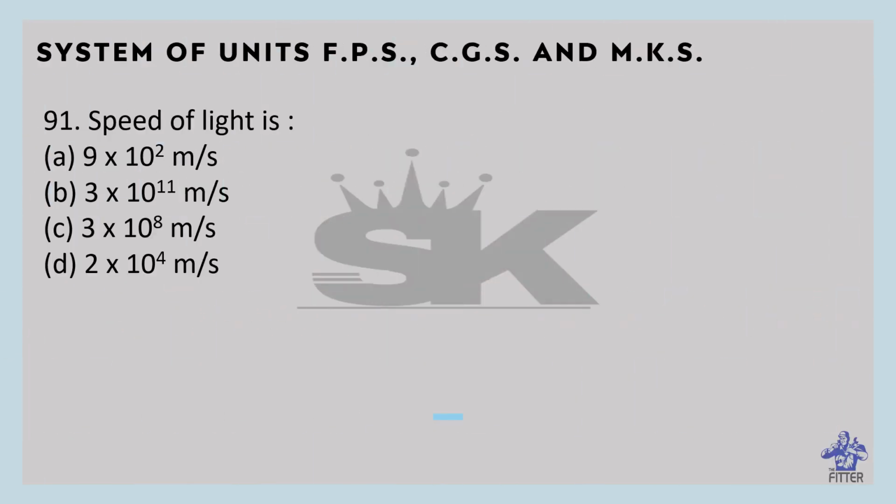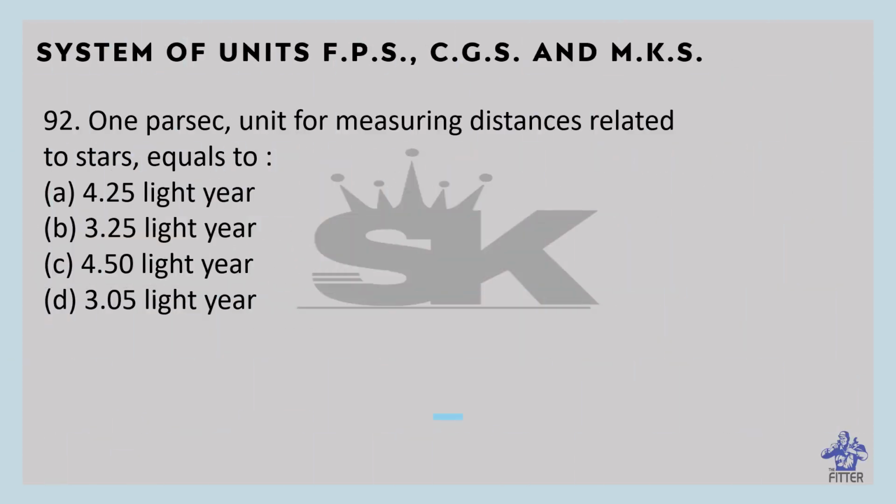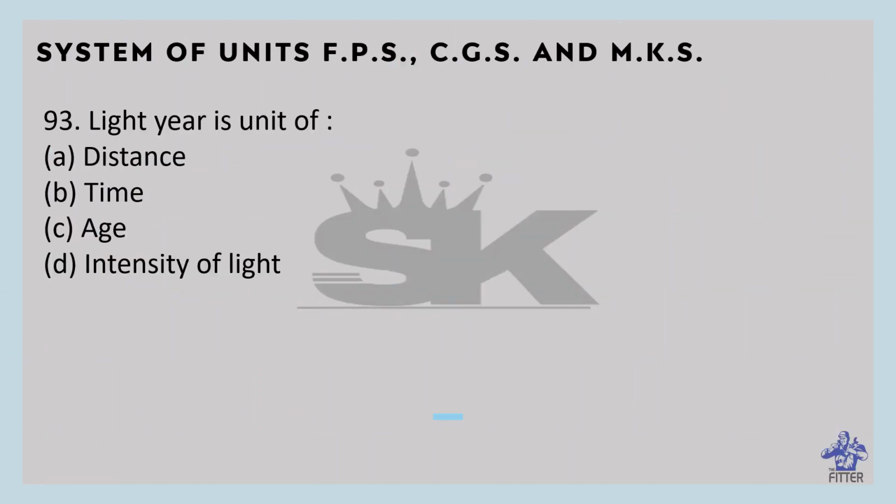Speed of light is 3 into 10 to the power 5 meter per second. Okay. 1 parsec, unit for measuring distance related to stars, equal to 3.25 light years. Okay. Light year is unit of, we discussed, that is distance.